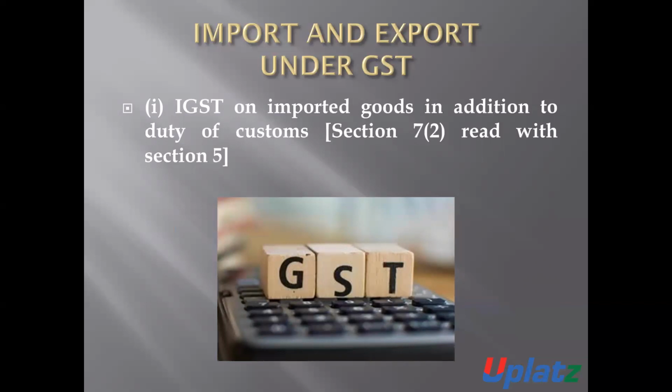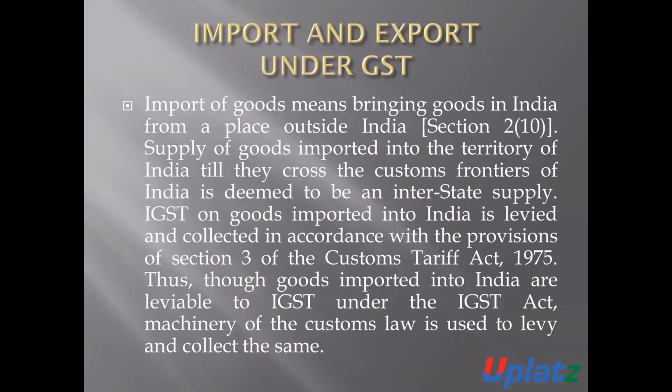Import of goods means bringing goods into India from a place outside India. Supply of goods which are imported into the territory of India, till they cross the custom frontier of India, is deemed to be interstate supply.